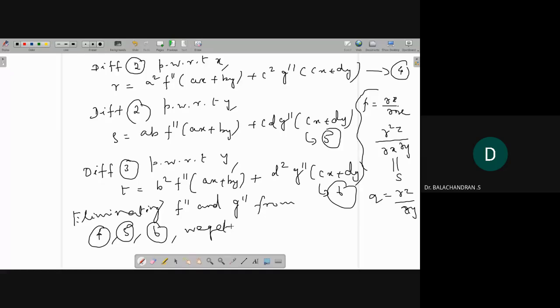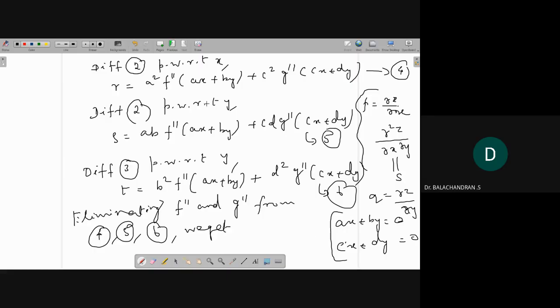In the last class we had 2 equations and 2 unknowns, for example ax plus by equal to 0 and cx plus dy equal to 0. Then if you need the non-trivial solution, we find the determinant of a b, c d equal to 0. If you expand the determinant, we'll get the final answer.